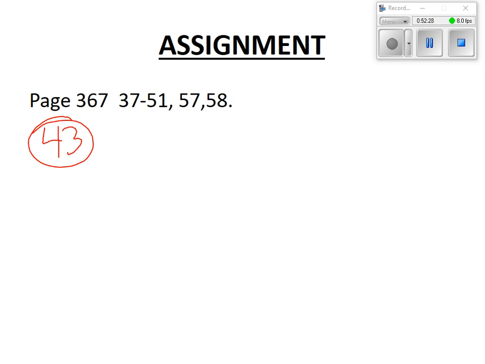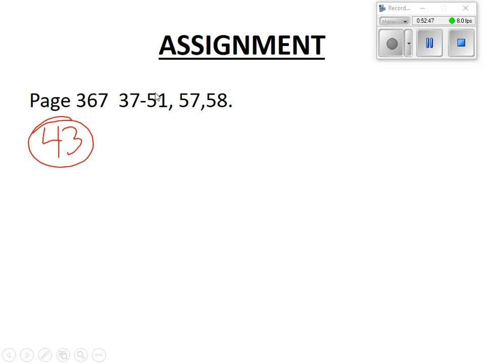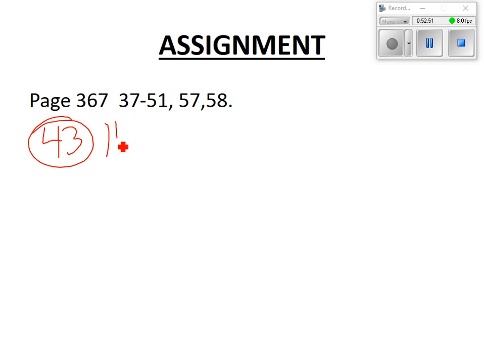So 43 says swans. A scientist claims that the mean incubation period for swan eggs is less than 40 days. First thing, every single time, H-O, H-A, before we start to write our interpretation.